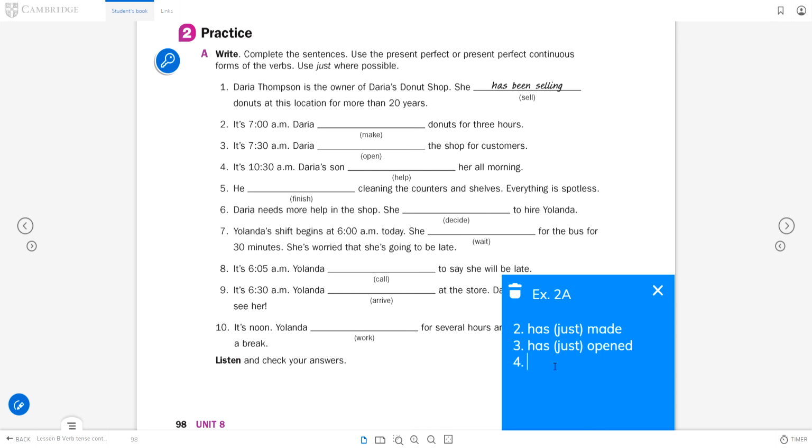So Daria's son has, and that's why I'm using the present perfect continuous here, has been helping her all morning, and he will continue to help. I don't think this will finish. Okay?